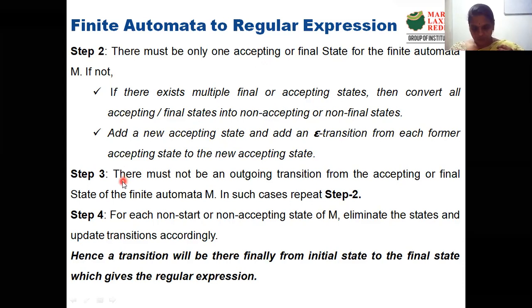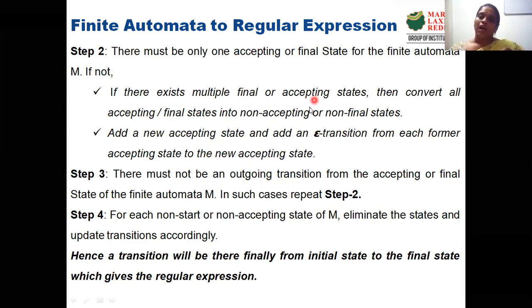Now, coming to step 3, another important point is that there should not be an outgoing transition from the final state. For the beginning initial state there should not be an incoming transition, whereas for the final state there should not be an outgoing transition. If you have an outgoing transition from the final state, then also add a new final state, convert the old final state into a non-final state, and connect these two states using an epsilon move.